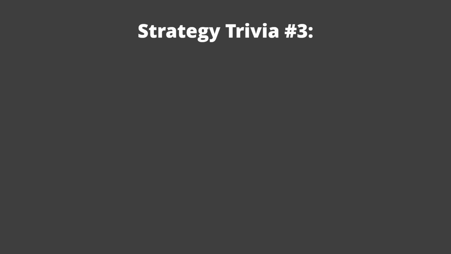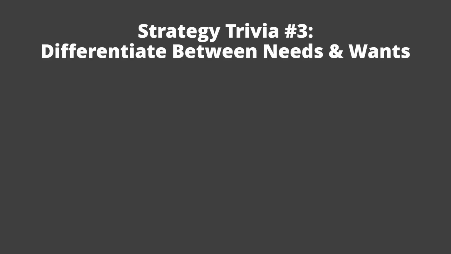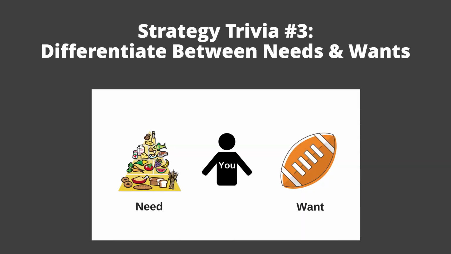Strategy trivia number 3. You want to differentiate between your needs and wants. This is probably the most impactful way you can make a difference in your expenses. Once you start to realize what you actually need and what you don't actually need, and things that are just superfluous, it starts to make a world of difference in your finances.